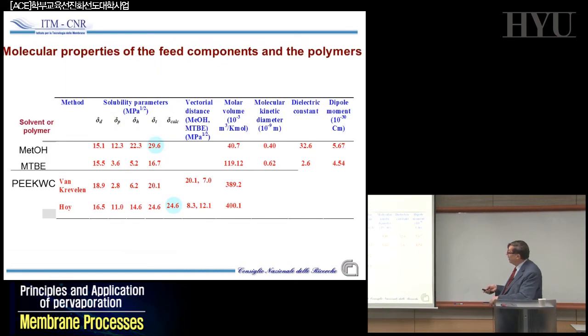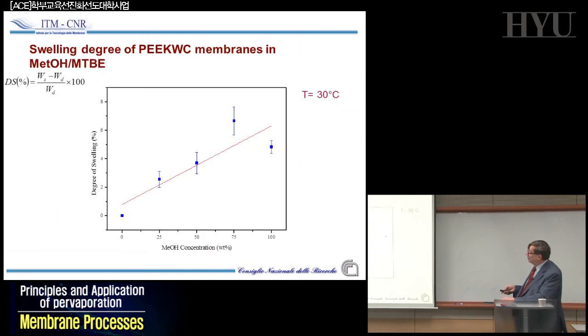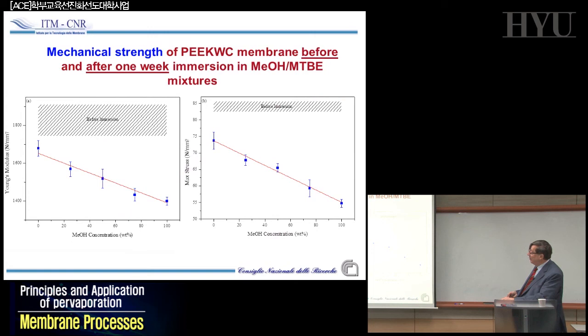And you can try to find the separation factors, which you have to measure, as I mentioned before, along with the swelling degree, as a function of the concentration of the methanol, and you have a level of swelling that is the interesting parameter, and that gives you the opportunity to decide.